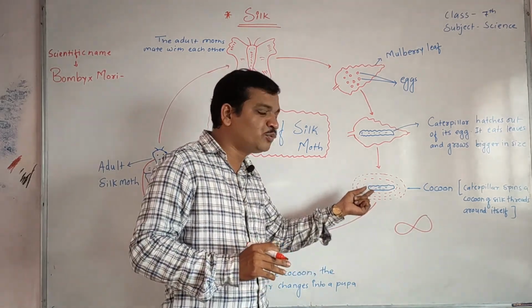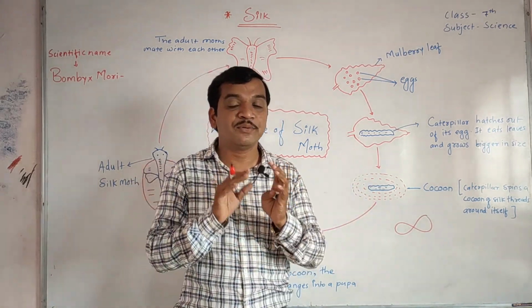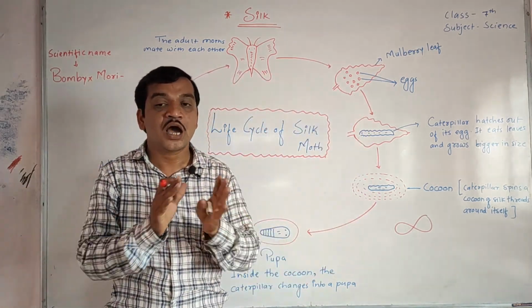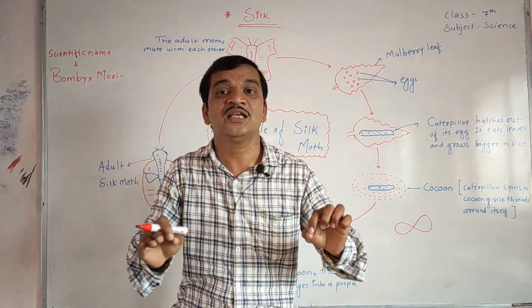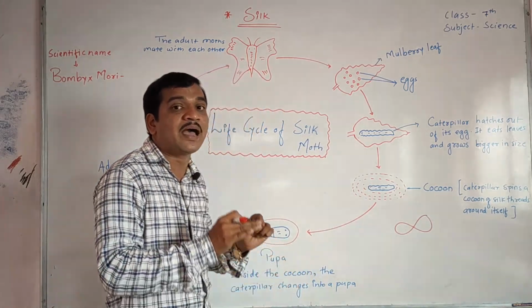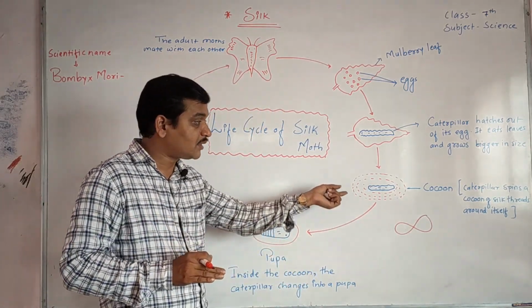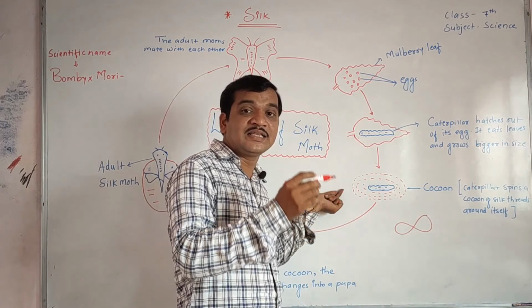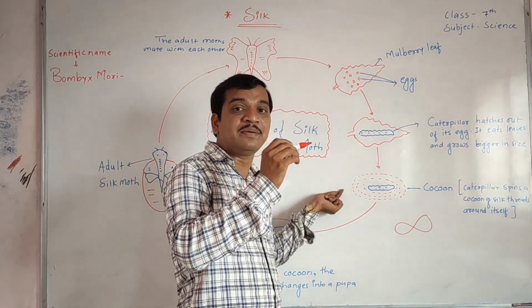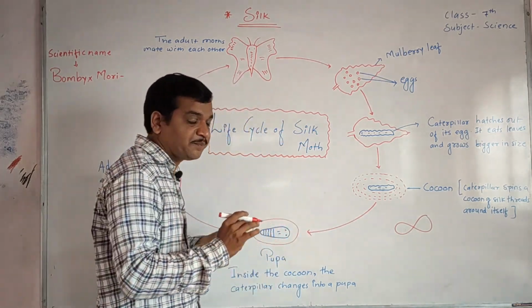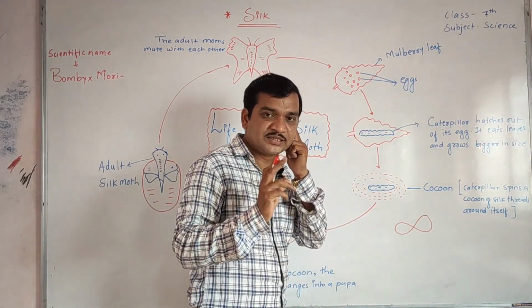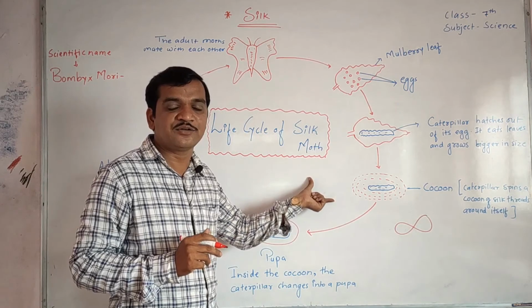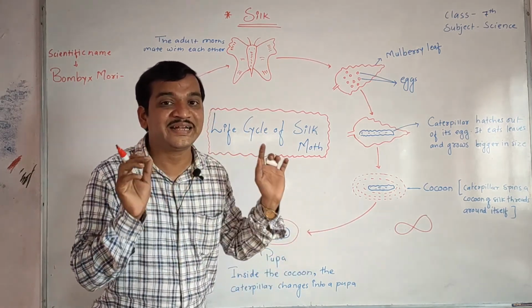The pupa holds itself by weaving a net-like structure around its body by swinging its head side to side in the form of the digit 8.